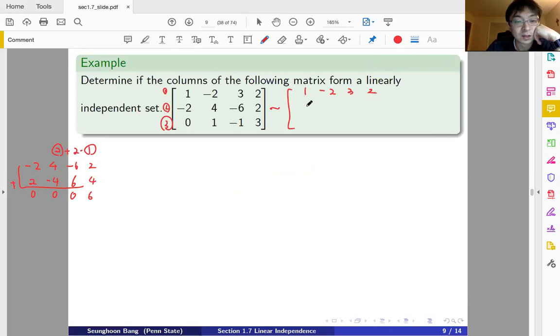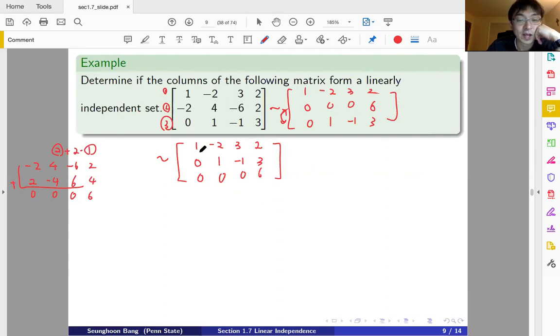Second row is 0, 0, 0, 6. Third row 0, 1, -1, 3. The next, you have to interchange the second row and the third row. So we have 1, -2, 3, 2. 0, 1, -1, 3. 0, 0, 0, 6.